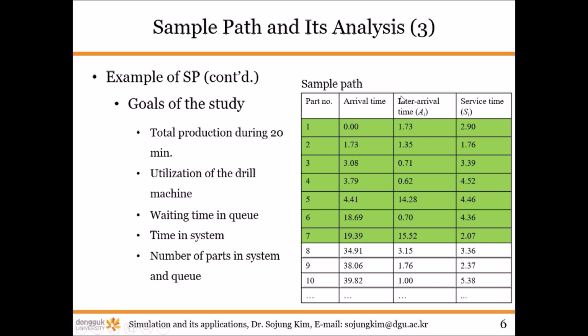Plus we have the interval time, which is given by the interval time distribution, maybe Poisson or exponential distribution, which is widely used to determine the interval time between parts or entities, right? So a number is given, and based on this number, we calculate the arrival time of the next part, right? So that's why the next event, the future event, is determined based on the previous event, right?